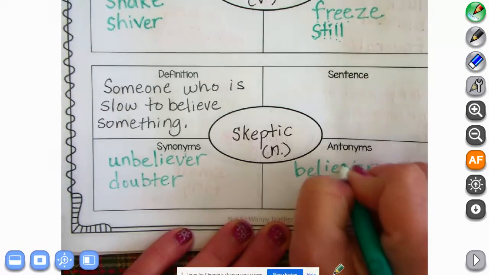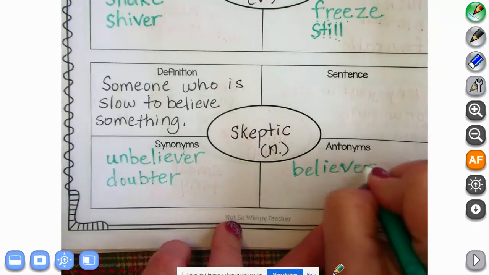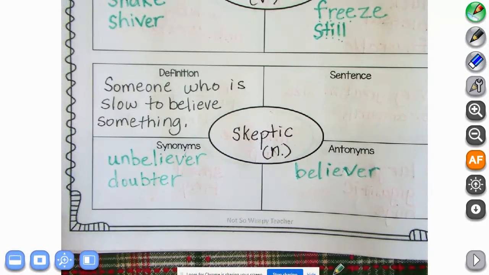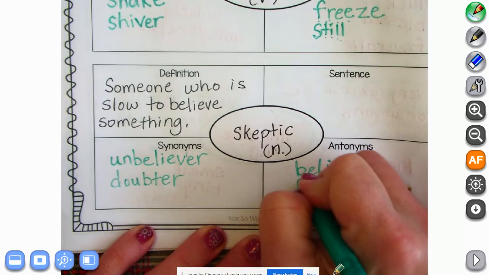B-E-L-I-E-V-E-R. Believer. Or a follower. A follower, you're just going to go along with it.